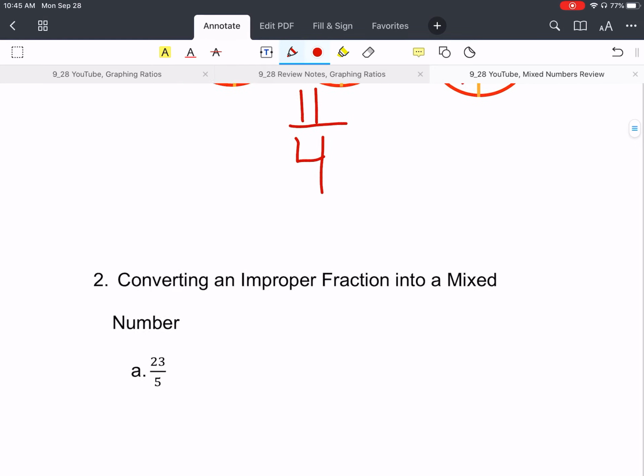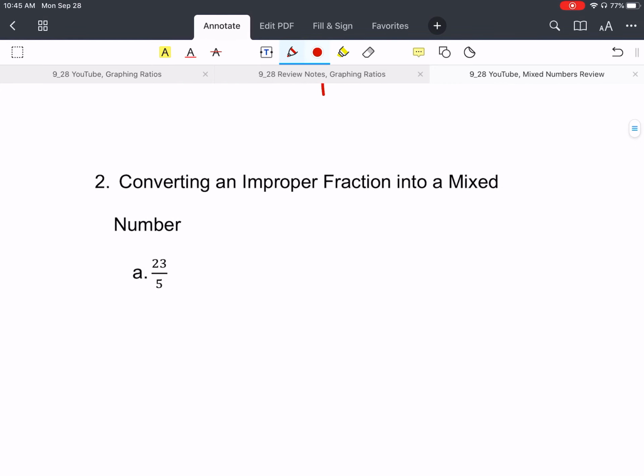The opposite of that is converting an improper fraction into a mixed number. So here we have 23/5. We want to figure out how many wholes we have and then how many are left over. So it's pretty simple. What we need to do is use our division skills and figure out how many times can 5 fit into 23 without going over.